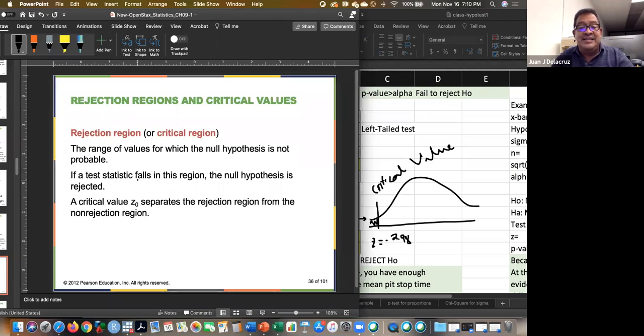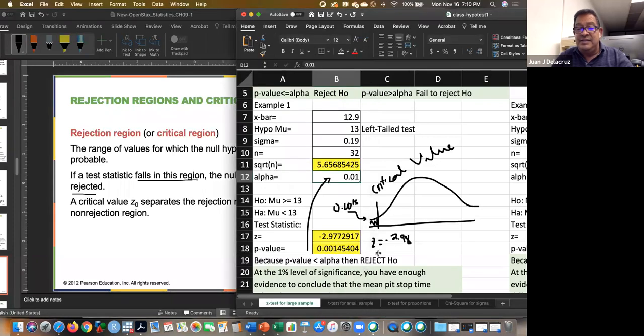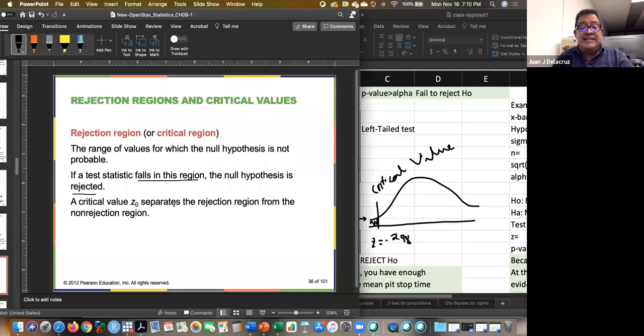If a test statistic falls in the rejection region, the null hypothesis is rejected. The critical value C separates the rejection region from the non-rejection region.